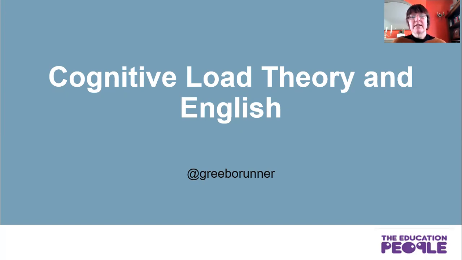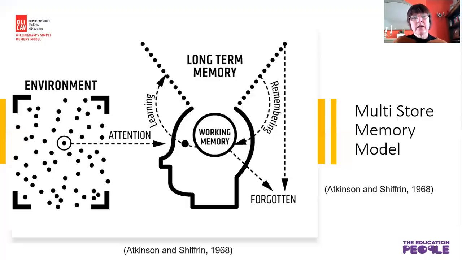So, cognitive load theory in English and what that means. Well, I'm sure many of you will be very familiar with this particular version of how the mind works, the multi-store memory model, which is the exploration from Atkinson and Shiffrin in 1968.